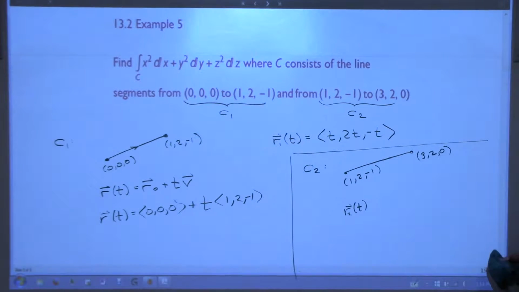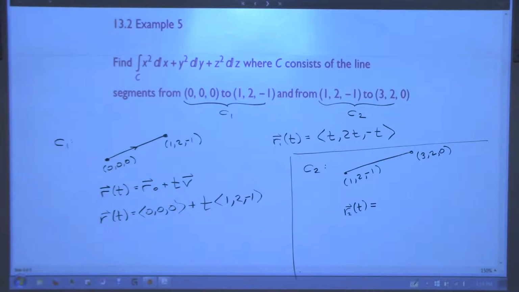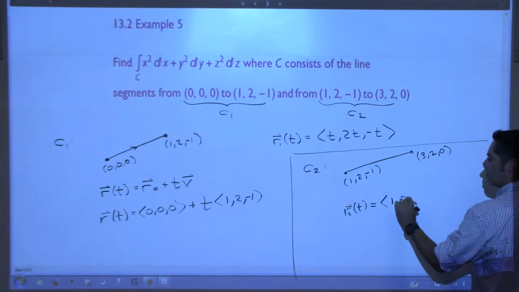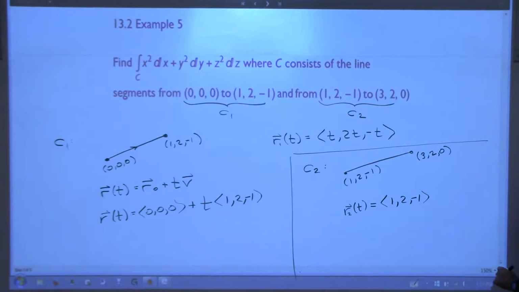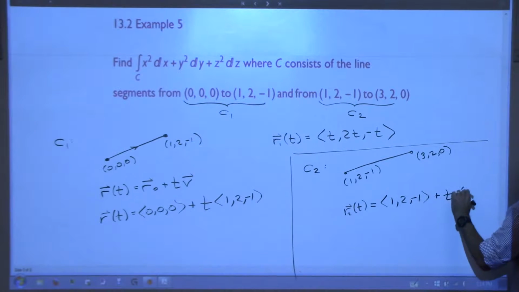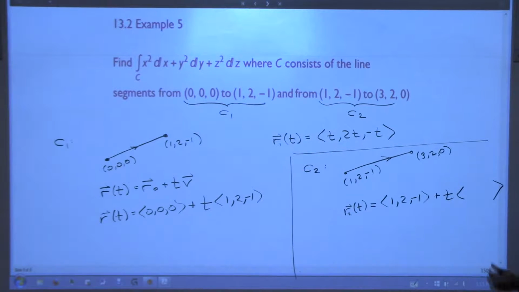Not necessary, but probably good math penmanship. So r naught, the point 1, 2, -1 written as a vector, plus t times the direction vector connecting from here to here, which is 2, 0, 1.